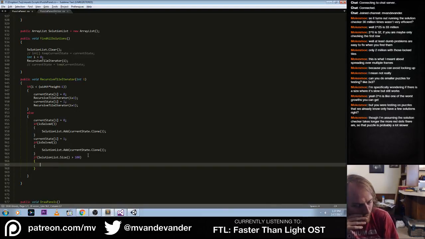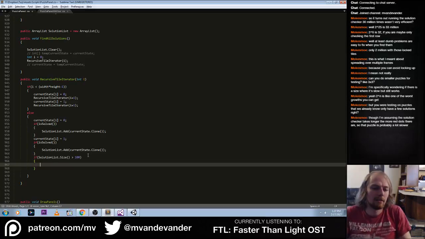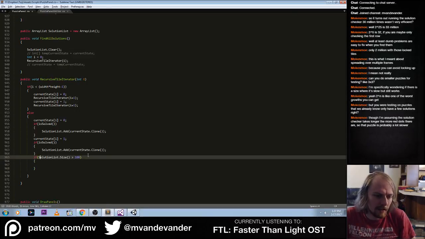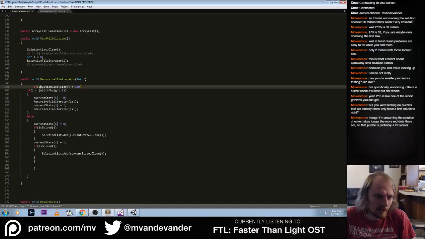Yeah, it does seem like the red dots thing is slow too, but let's see. Yeah, it's got to be at the start because of the recursion thing.